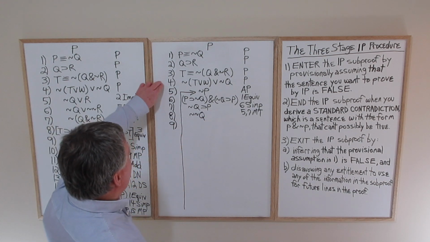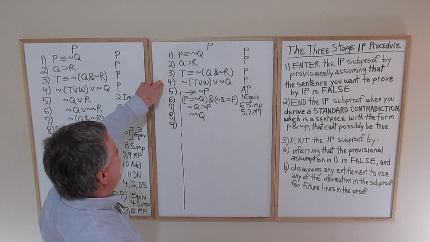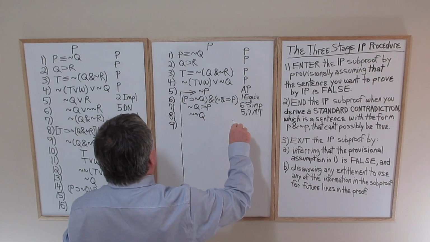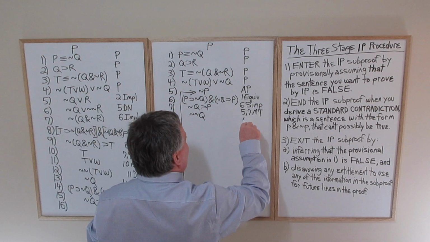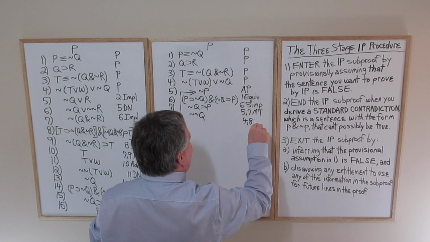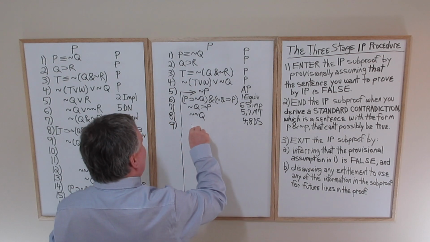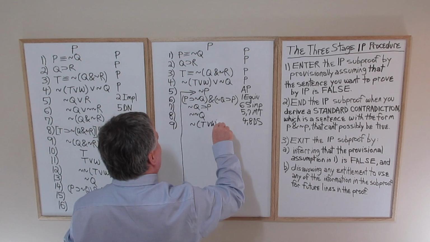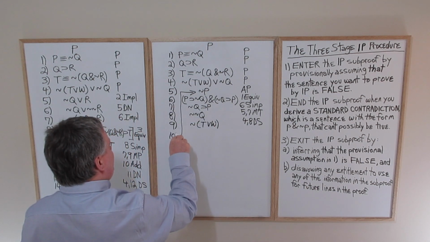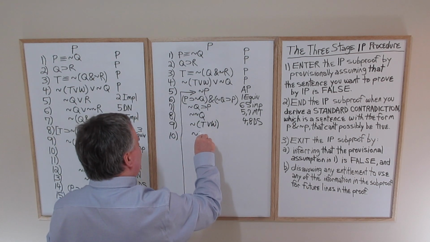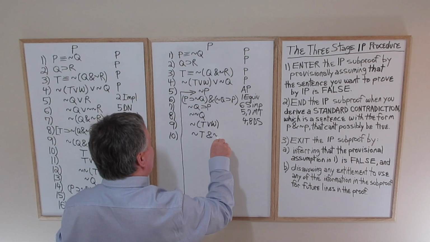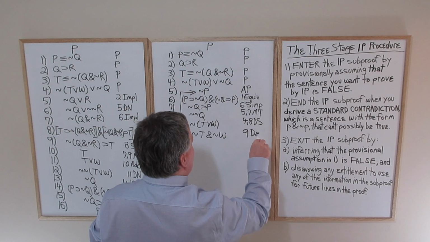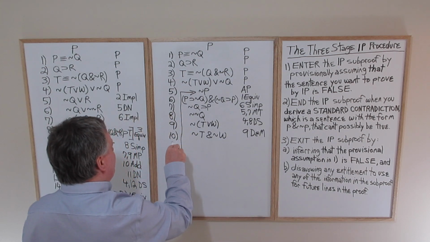Now, tilde tilde Q is useful for line 4. It sets us up straight away into a disjunctive syllogism for 8. Disjunctive syllogism gives us tilde T or W, which we can then do a De Morgan's to, 9 De Morgan's.